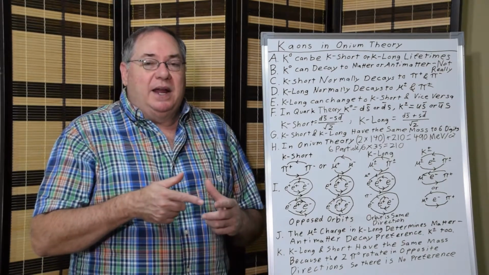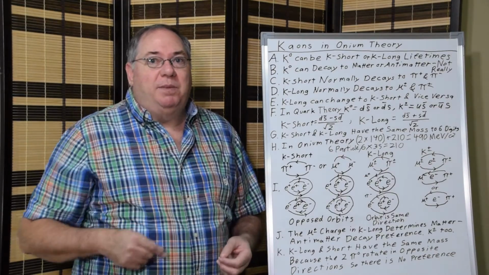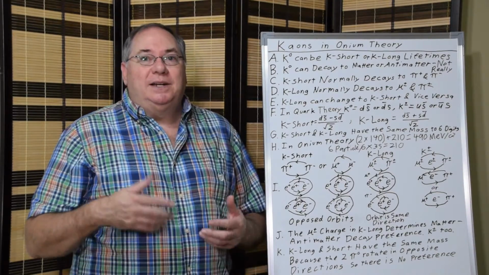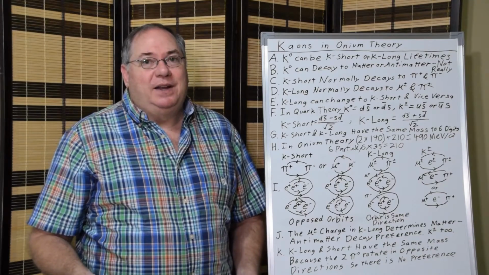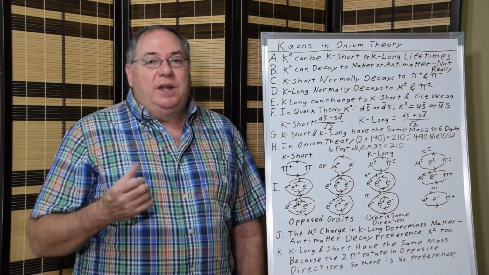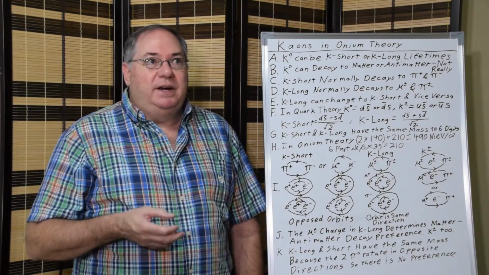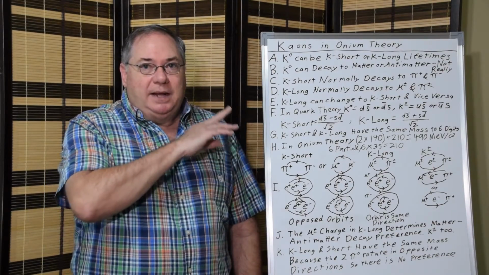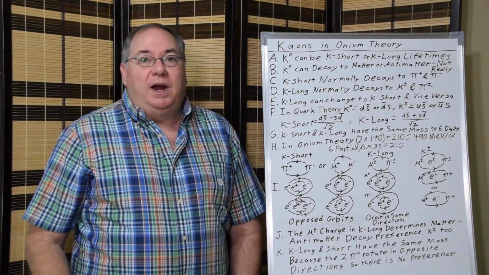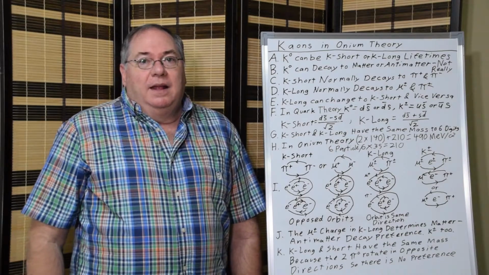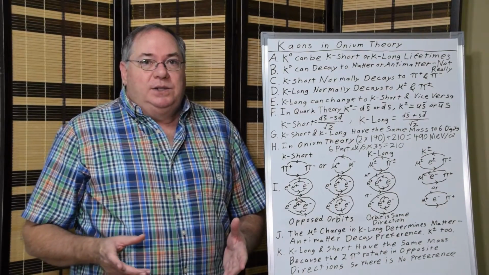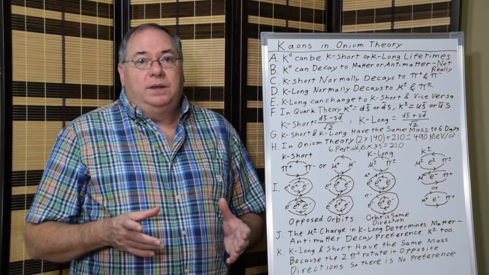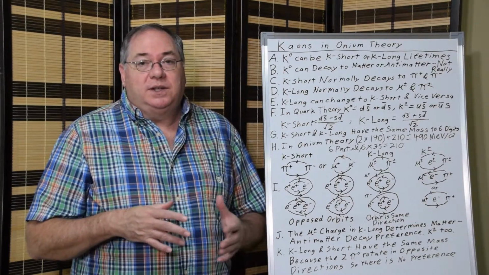And that's why a K long is a muon-pion combination, which matches its decay products. And so within the Onium theory, we can very simply explain the decay characteristics and why there's a K short and K long.